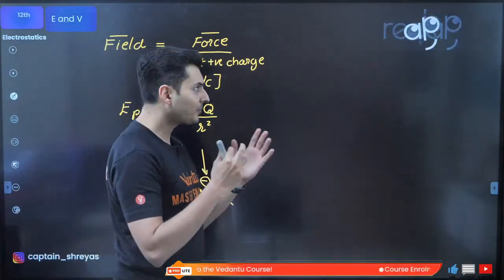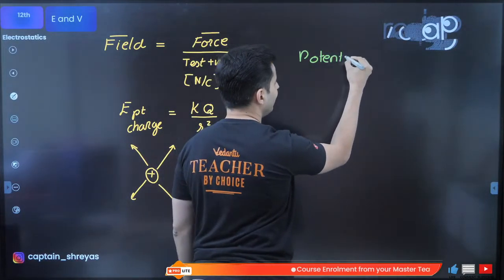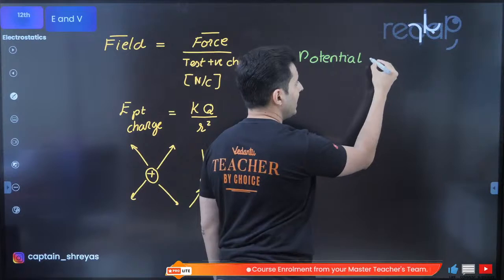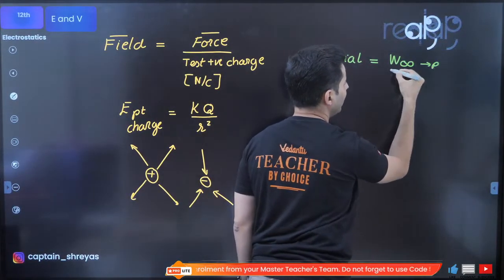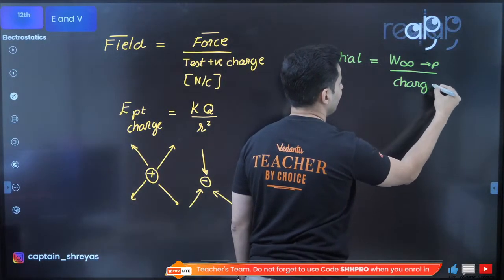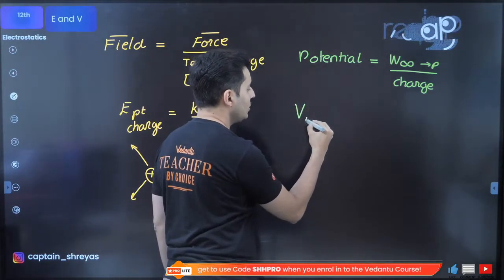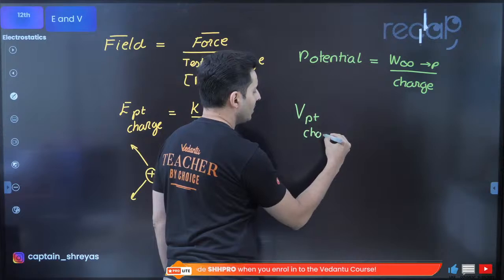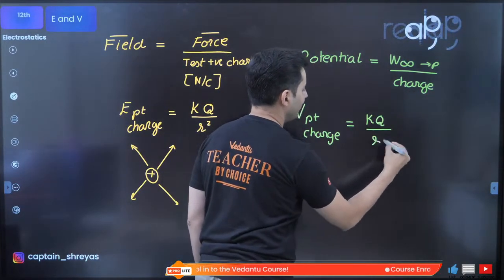Similarly, you have potential. Potential was defined, recollect, as the work done to bring a charge from infinity to that point per unit charge. This is how it was defined, per unit test charge. And the formula for potential due to a point charge was given by kq divided by the distance.